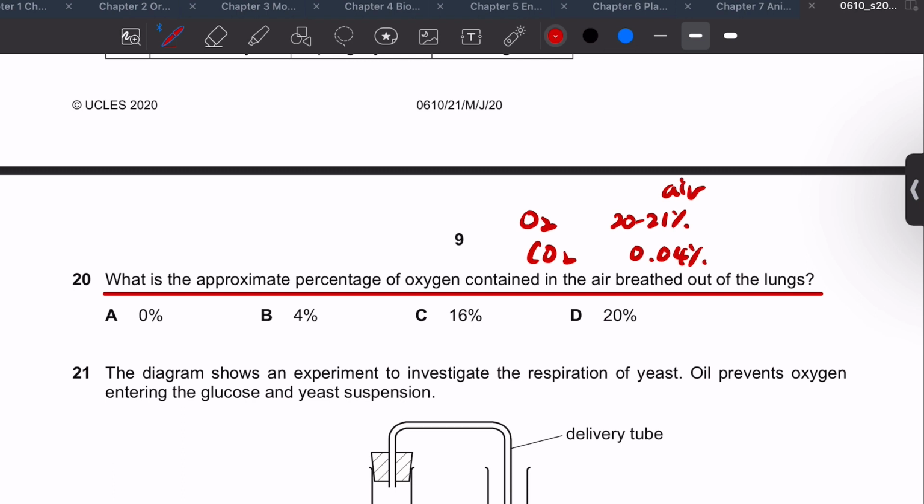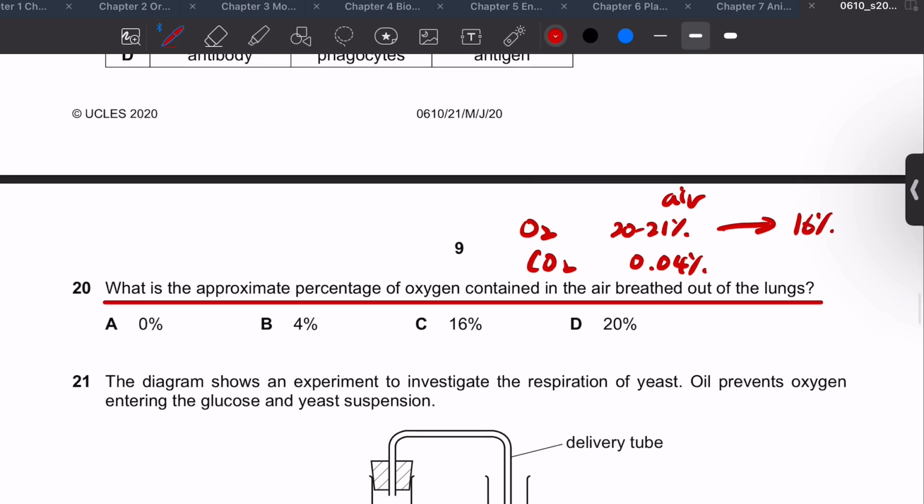But when you breathe out, the percentage changes to 16% oxygen in exhaled air, and the CO2 changes to 4% in exhaled air.